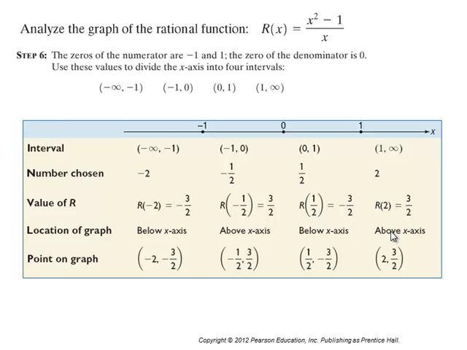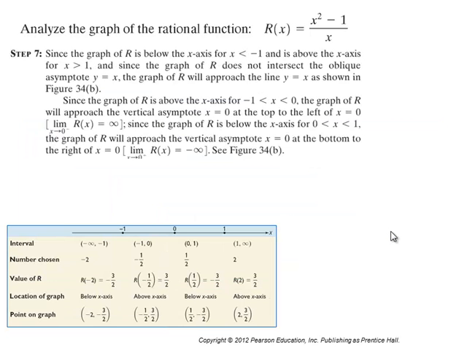Plug those points onto the graph, and then also take a look at the behavior of the graph near those asymptotes using the same techniques that we talked about before.